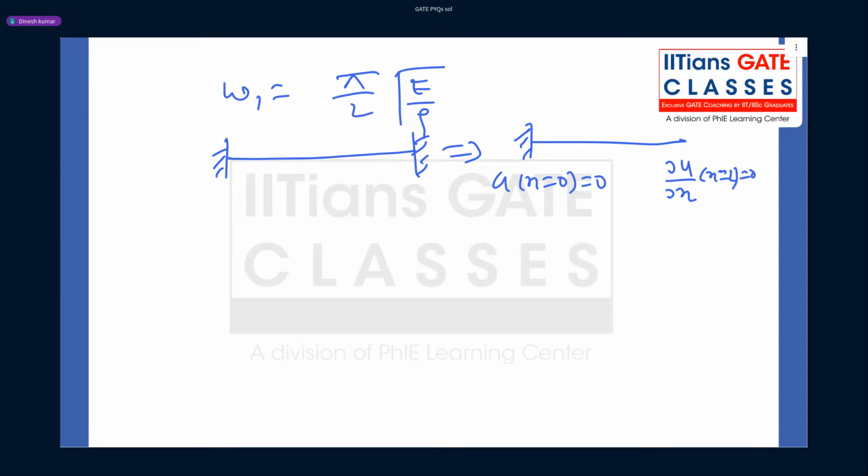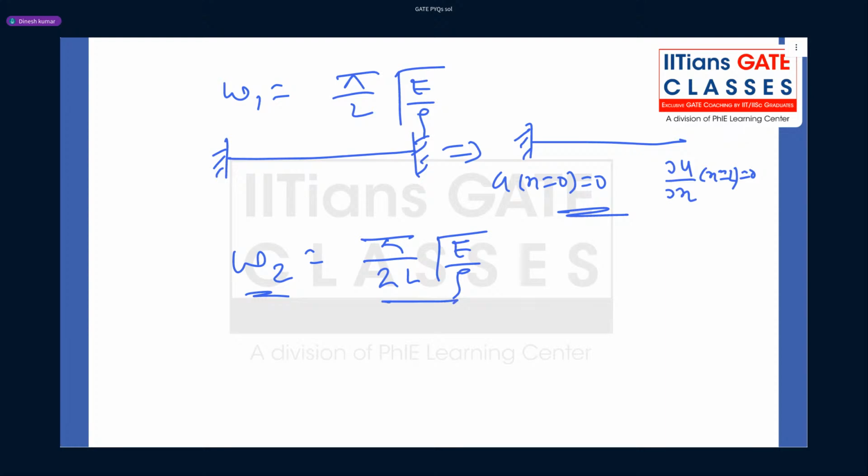Now, when you use this second boundary condition, what will be your natural frequency? It comes to be pi by 2L under root E by rho. You guys can refer to Grover's book for mechanical vibration of continuous systems, and there you can see the derivation also. Now omega 2 is this.